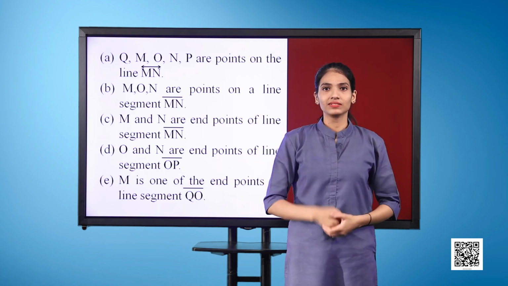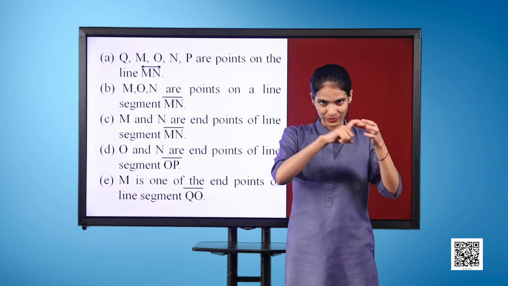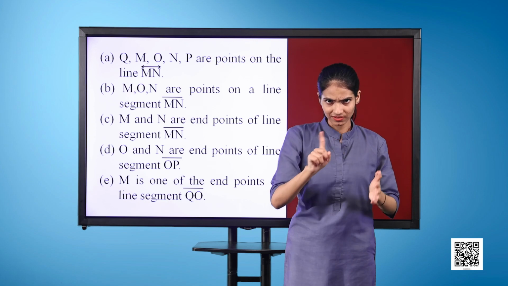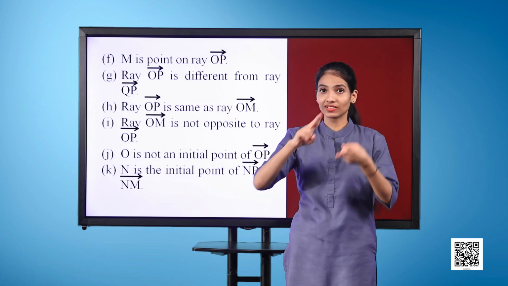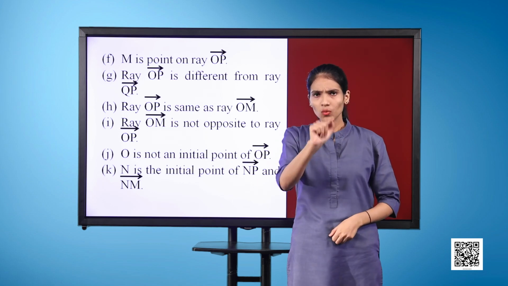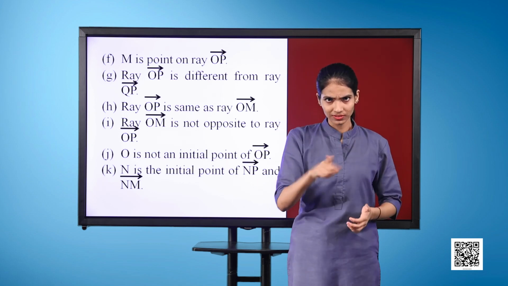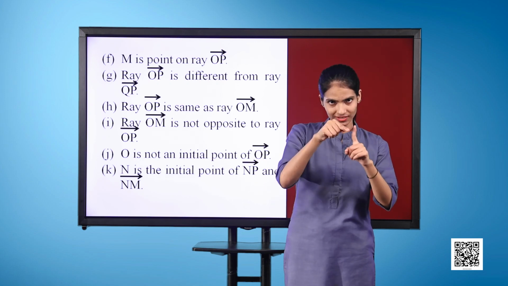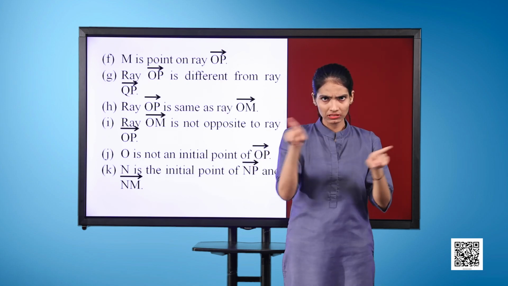E. M is one of the endpoints of line segment QO. F. M is point on ray OP. G. Ray OP is different from ray QP.